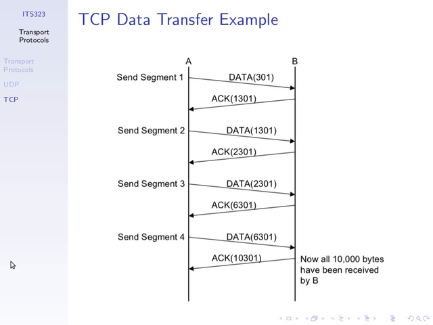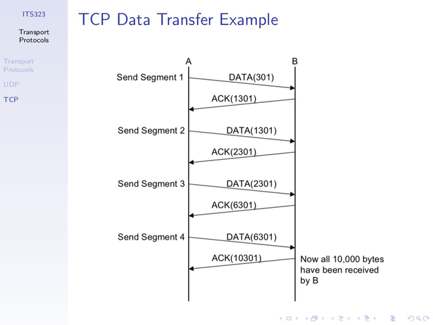Let's check. In this example, I've illustrated sending 1 segment at a time, receiving an acknowledgement. Send the first segment, receive an ACK. Note the acknowledgement number. When B receives the first segment, B has received data with sequence number from 301 up to 1,300.